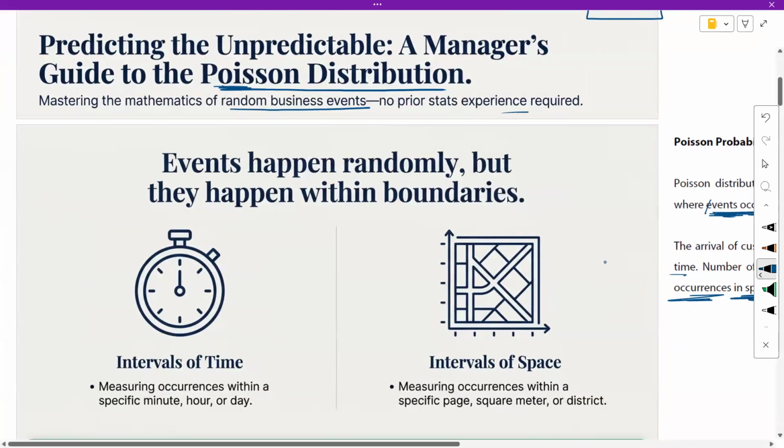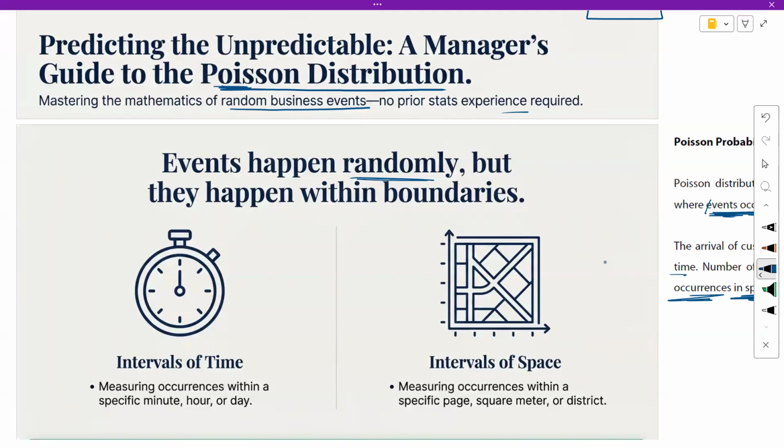Events happen randomly. For example, at an ATM, bank customers may visit to withdraw or deposit money. At an ATM, cash deposit machine, or bus stand, passengers may visit. On your mobile phone, how many WhatsApp messages do you get a day?